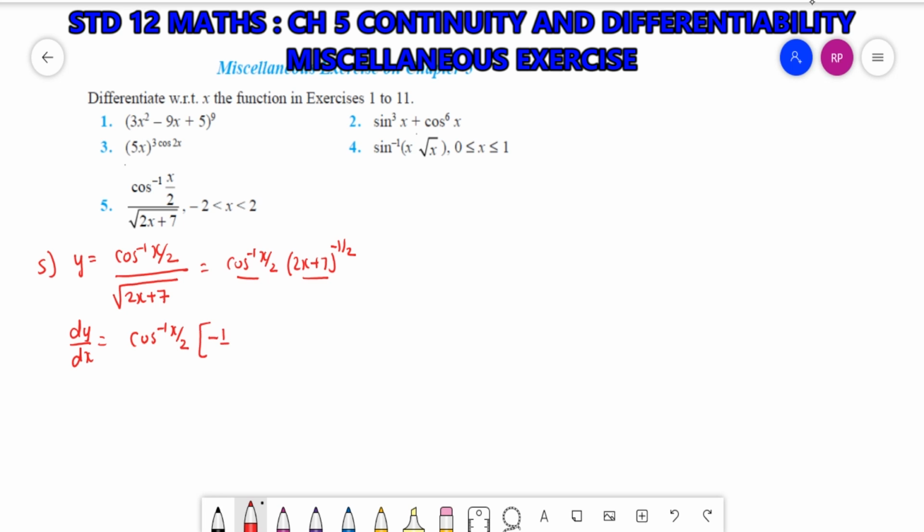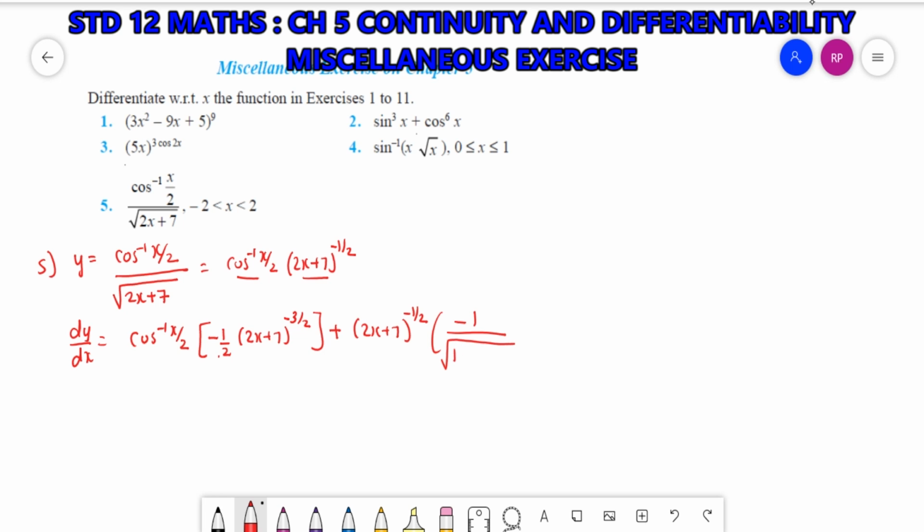So minus 1 by 2, derivative of 2x plus 7 raised to minus 1 by 2, that is 2x plus 7 raised to minus 1 by 2 minus 1, minus 3 by 2, plus 2x plus 7 whole raised to minus 1 by 2. Derivative of cos inverse x by 2, that is minus 1 upon root of 1 minus x square.